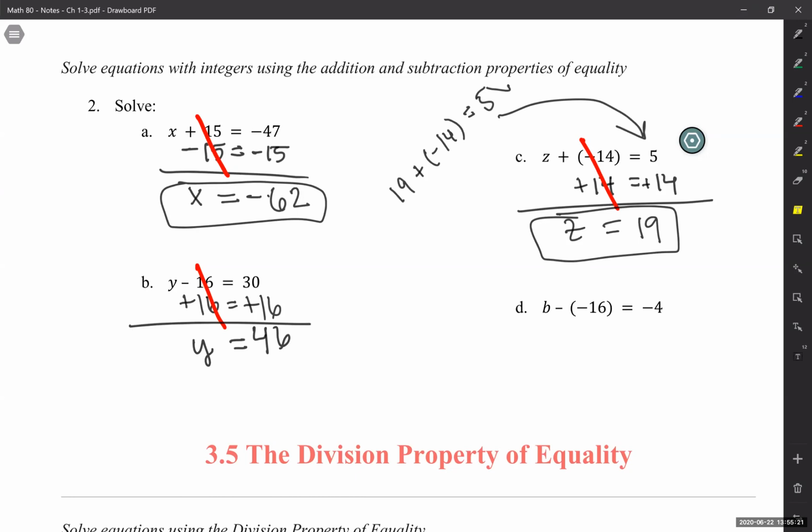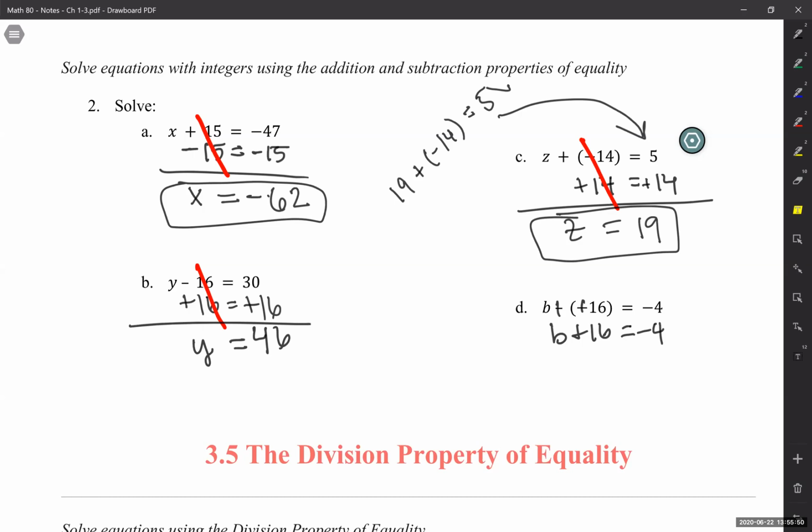Now, sometimes you get so many signs, it just gets too complicated. So what I'm going to do first is simplify this, make it a little prettier. Instead of subtracting a negative 16, I'm going to add a positive 16. So I get b plus 16 equals negative 4. Now I have done nothing to solve this problem, but I've at least cleaned it up so that I can solve it a little easier in my mind, because I don't like looking at all those symbols.